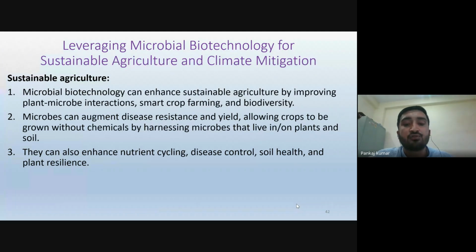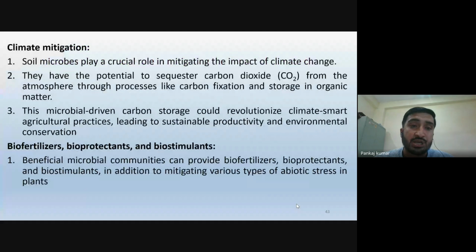They also enhance nutrient cycling, disease control, soil health, and plant resilience. So a plant species can overall be resilient to external stress that is due to the environment or climate change.